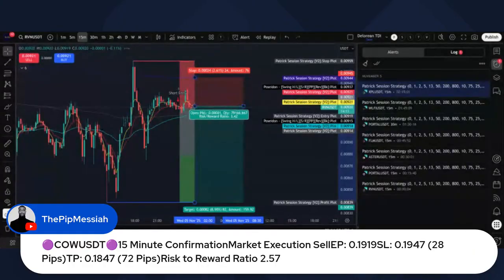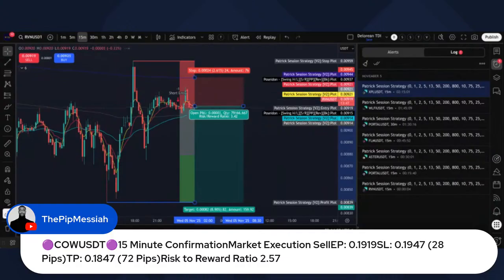Risk is 3.42. Entry is 921. Stop is 945. Take profit is 839.